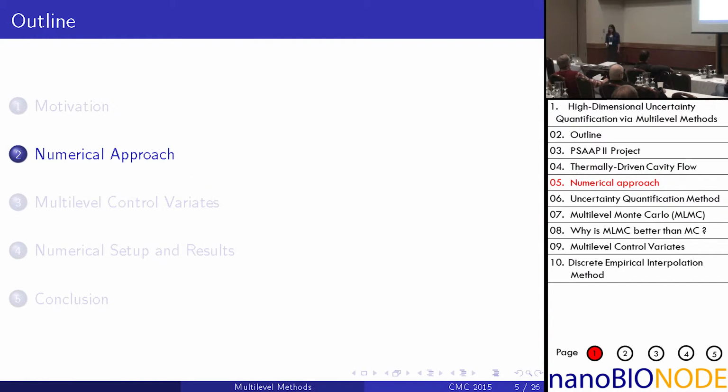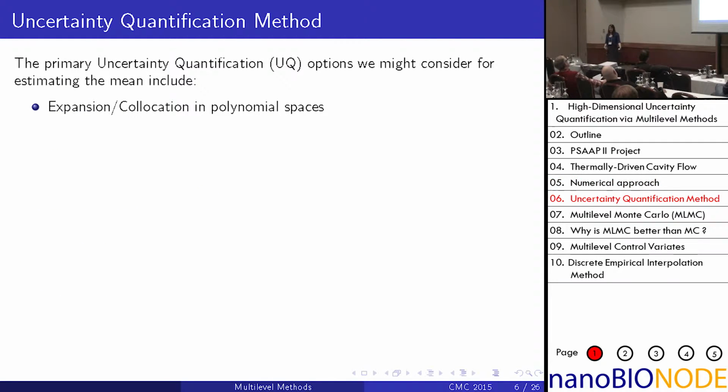So for a numerical approach, we have to consider the fact that we're in a fairly high dimensional system, and then down the road, we will be having even higher dimensions. So some methods we might consider, one of the first ones, which is fairly accurate, is expansion/collocation in polynomial spaces. So this would be stochastic Galerkin or stochastic collocation or even sparse grid collocation.